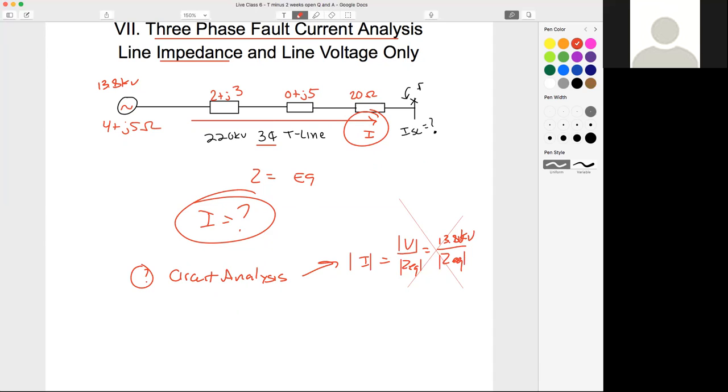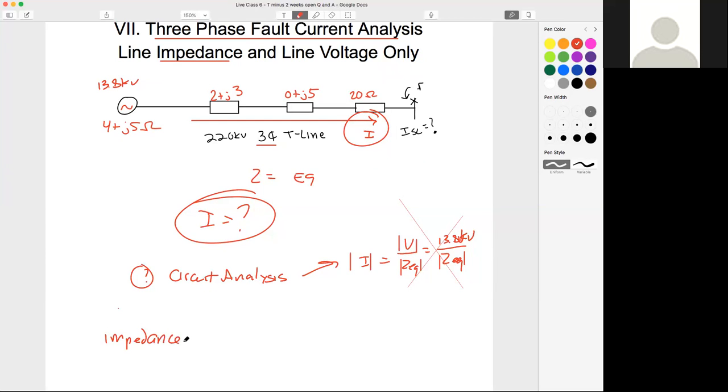All right, seeing lots of answers in the chat. Yep, 3-phase, not voltage at the fault. Impedance is given per phase. Yes, and I want to point out, Alex asked it, but impedance is always given per phase.